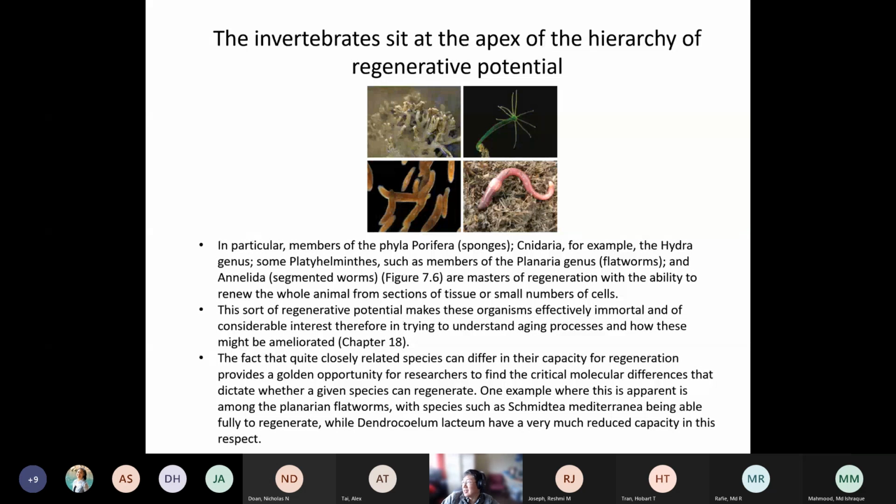So usually this happens only in invertebrates. When you have a full regeneration, that won't happen in vertebrates. It's almost impossible for vertebrates to have full regeneration. So as I said, try to memorize the names. Here, the top left is called sponge.